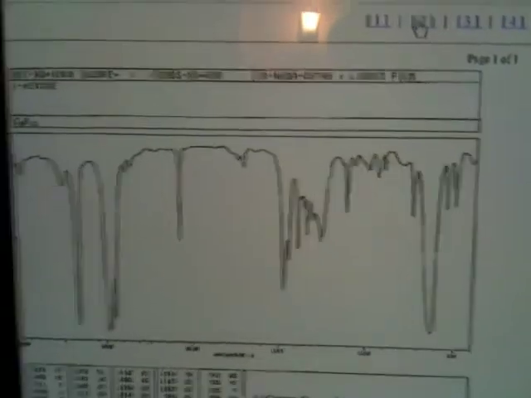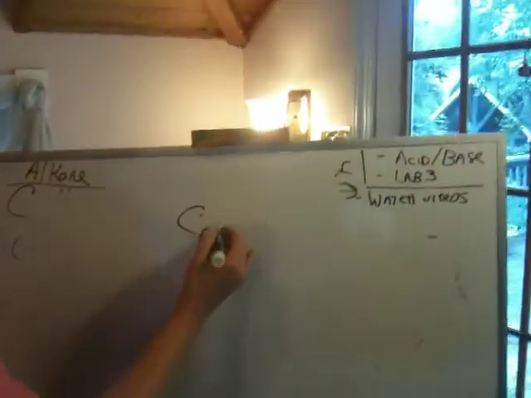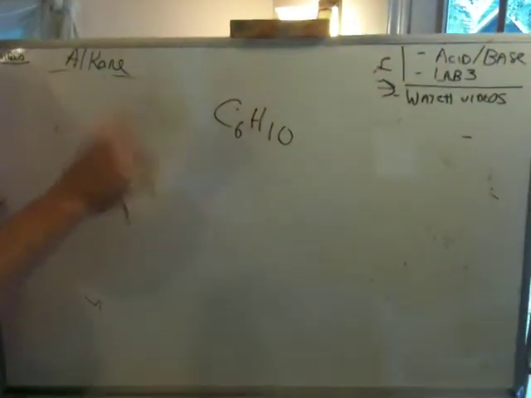Now, our next compound has the formula C6H10. I want to give you a little idea about this C6H10. Again, compare it to the alkane formula.